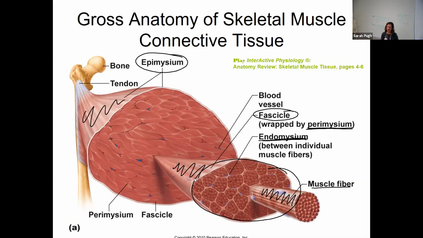That's inside. Now, they're just trying to show it to you right here. Okay, this is the same thing. If we just push that muscle cell back into the fascicle, you can see it wrapped around there. Okay. So those are our three connective tissue coatings: epimysium, perimysium, and endomysium.